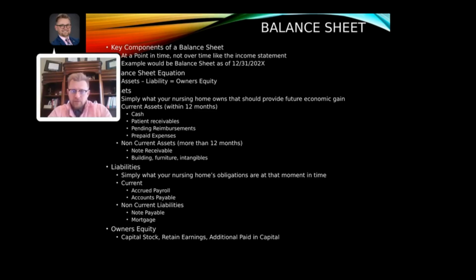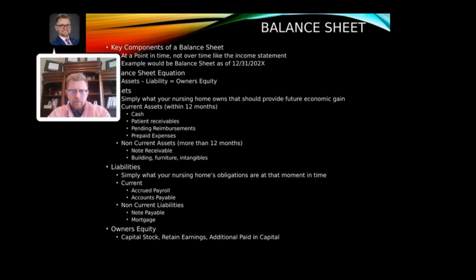A key difference between the balance sheet and the income statement is the balance sheet is a point in time, whereas if you remember, the income statement is over time. So you'll have an income statement, say, for the month of January, and although you could have a balance sheet for, say, January 31st, typically the balance sheet is year over year.